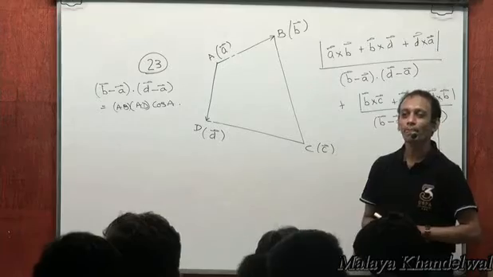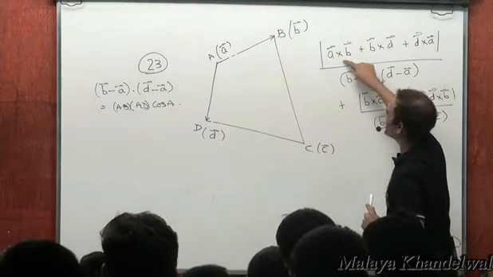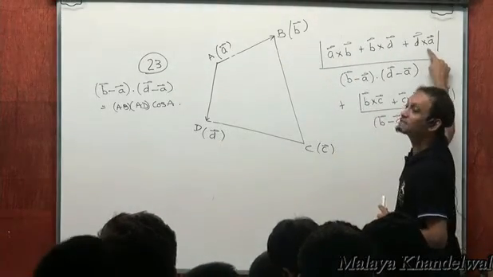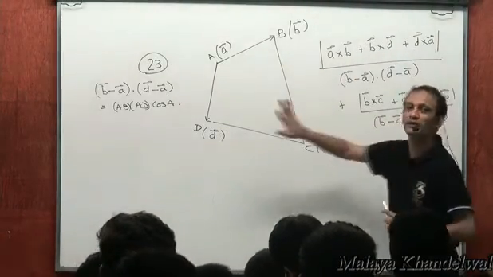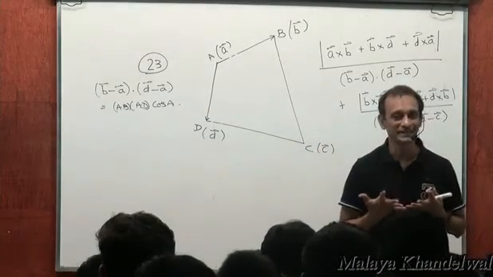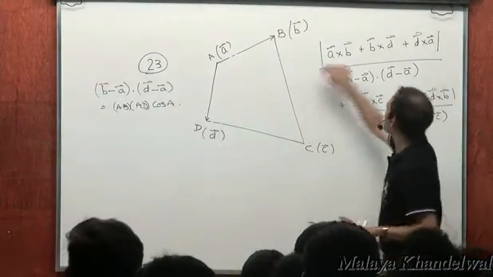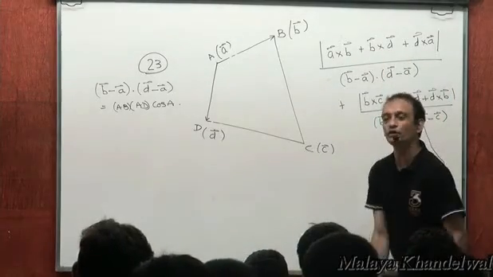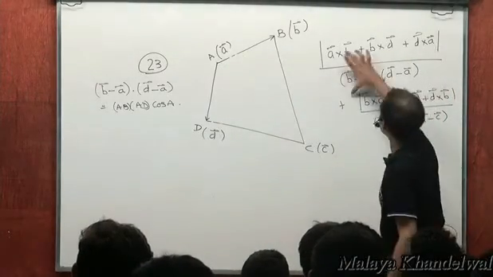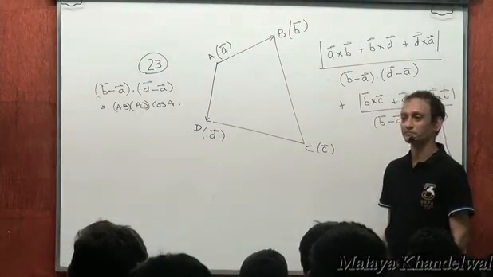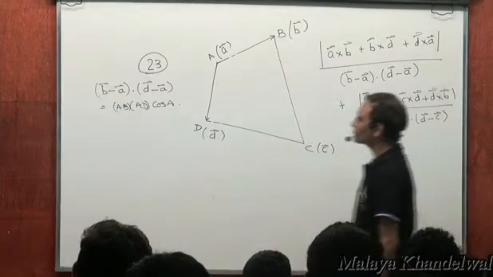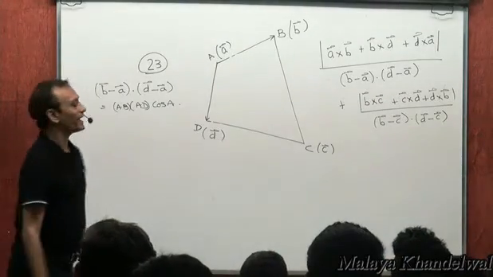Now, if this numerator was AB into AD sin A, then this will become tan. I'm preempting that. You know what I'm saying? If the numerator turned out to be AB into AD sin A, then this ratio will become tan A. What I do is, I'll perform a check.